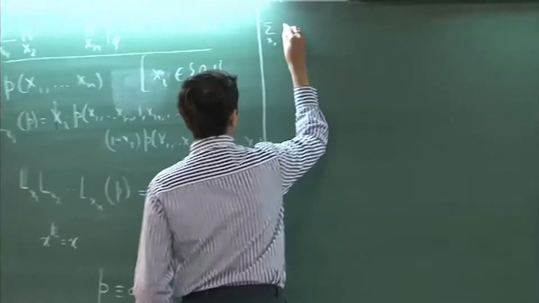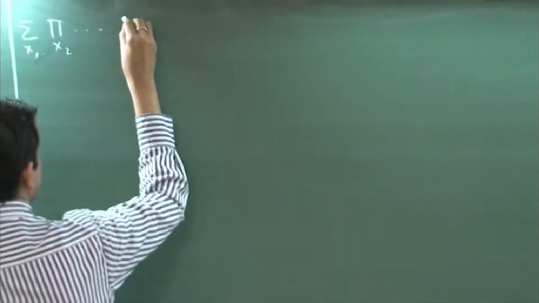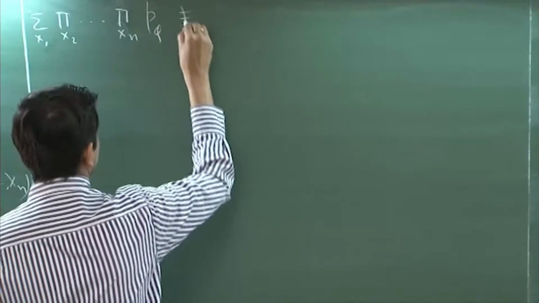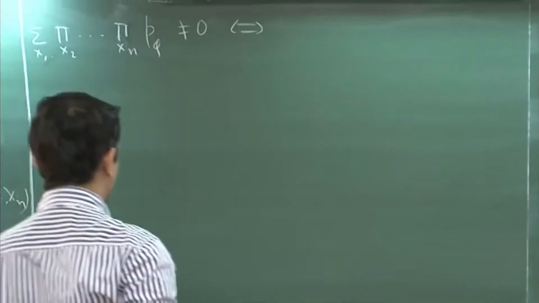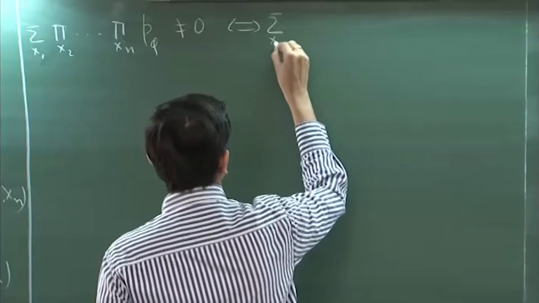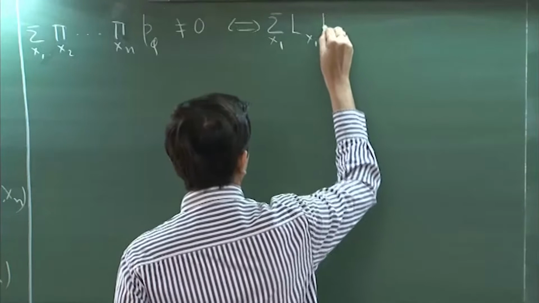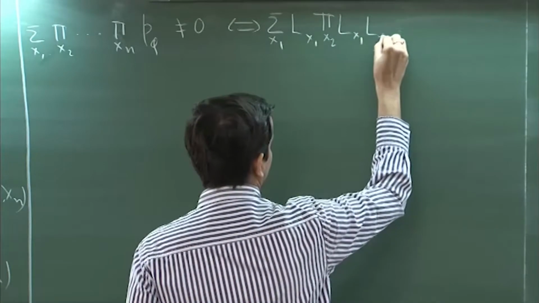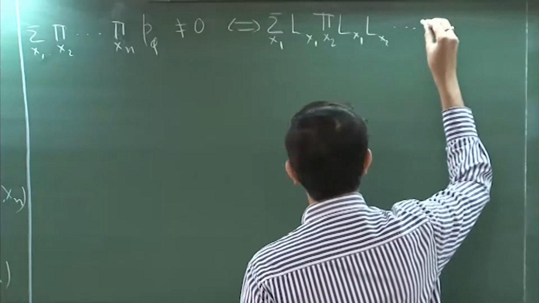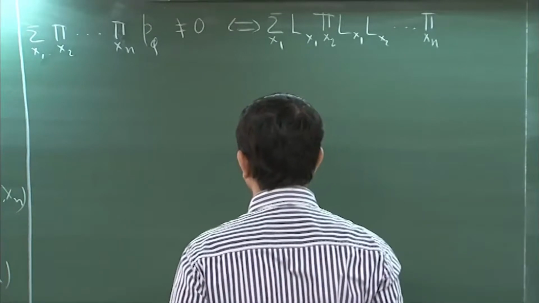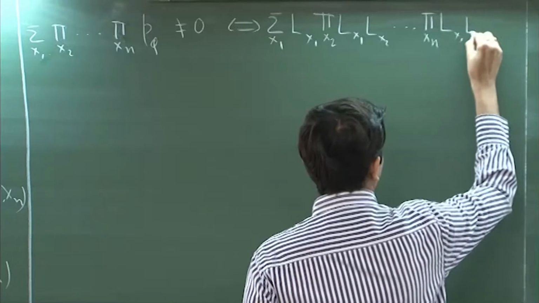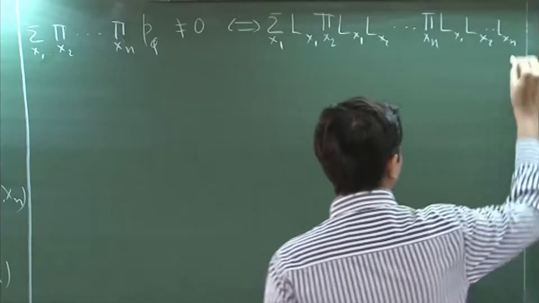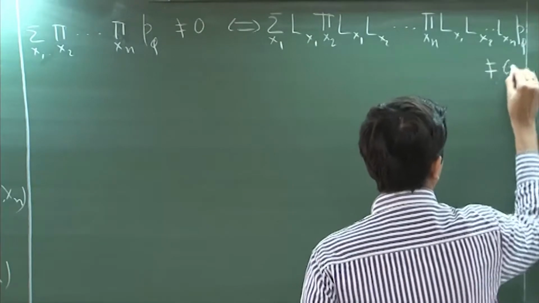Sigma x1 pi x2 up to pi xn of P phi is not equal to 0 if and only if sigma x1 Lx1 pi x2 Lx1 Lx2 and so on till pi xn Lx1 Lx2 up to Lxn of P phi is not equal to 0.